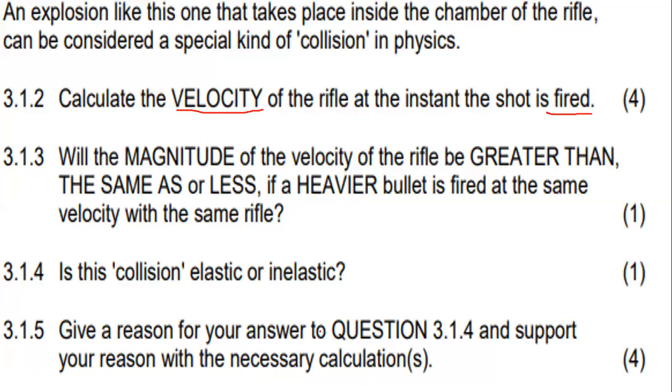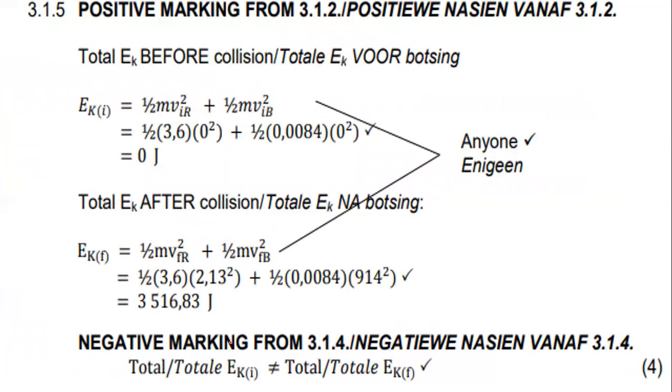And now we must support our answer with the necessary calculations. In other words, we must deal with calculations on kinetic energy. Then we go. Total kinetic energy before the collision, we calculate it separately. So the total kinetic energy before the collision will be the kinetic energy of the rifle plus the kinetic energy of the bullet.